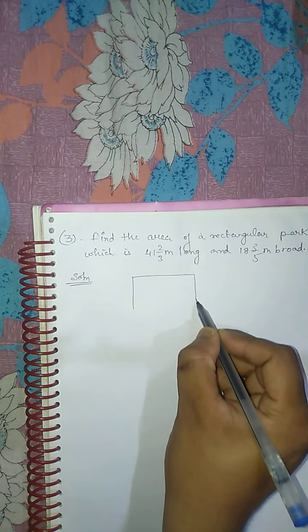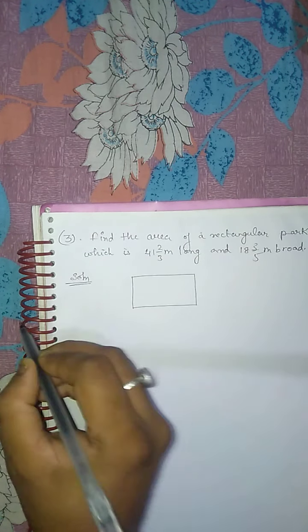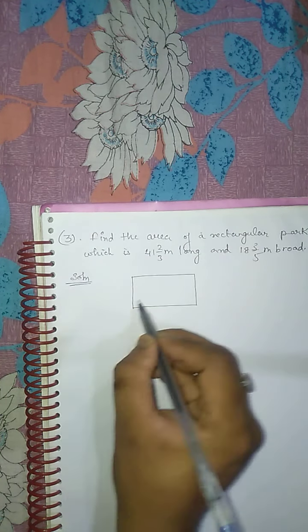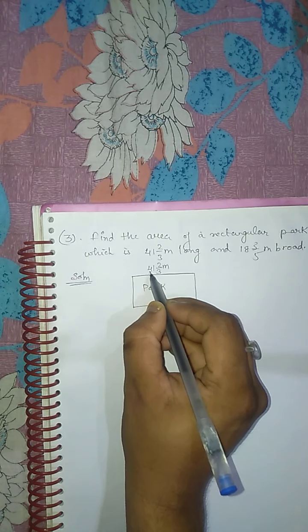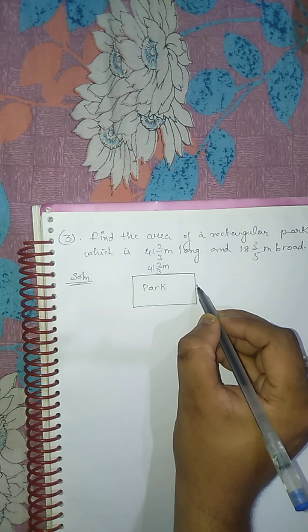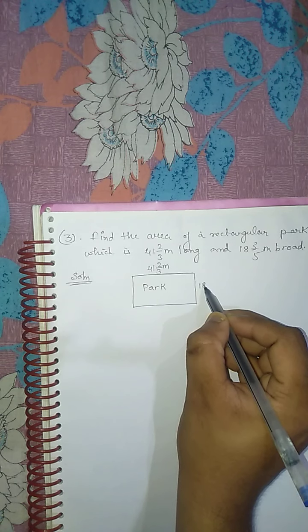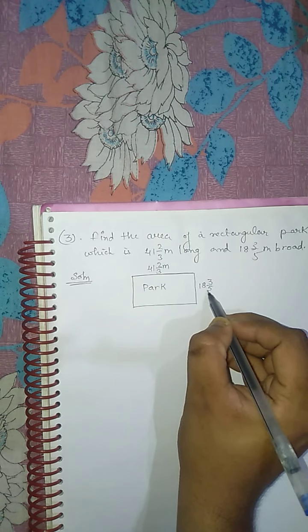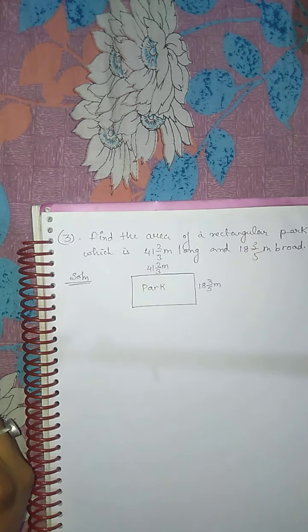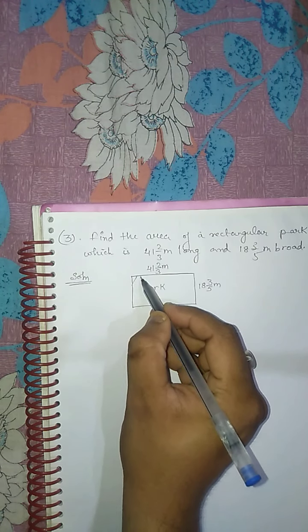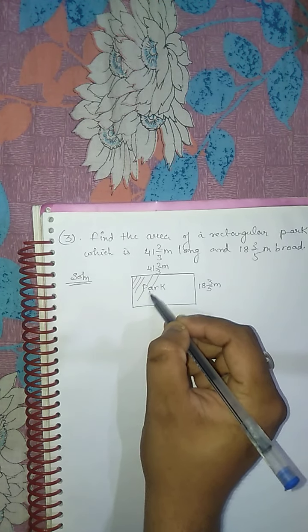This is your park. The length of the park is 41 whole 2 by 3 meter and the breadth of the park is 18 whole 3 by 5 meter. Now you have to find the area of the park.